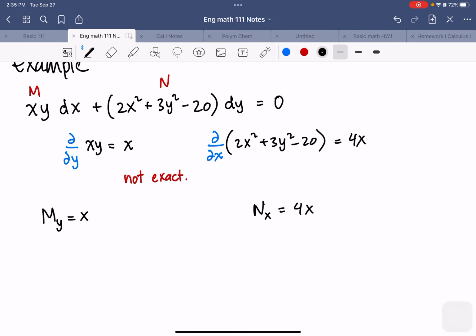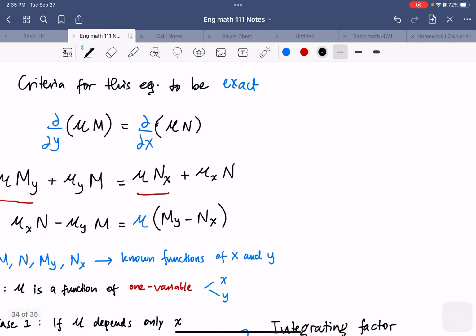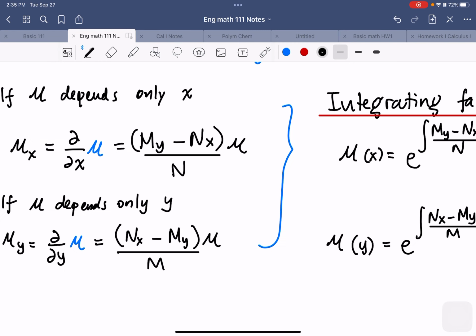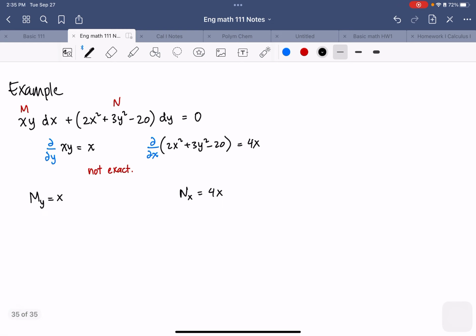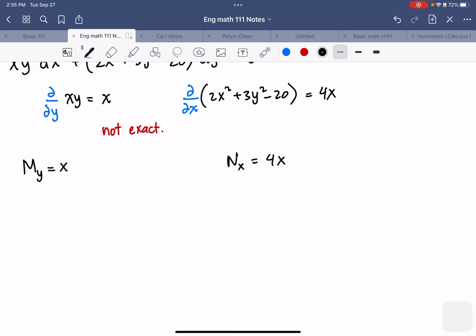Let me go through the equation here. It always starts with my minus nx or nx minus my. So either equation will always start with this, and we can actually guess from the results. For example, we have this x. Then it's either my minus nx or nx minus my, but we need to know which denominator we are going to get, m or n.